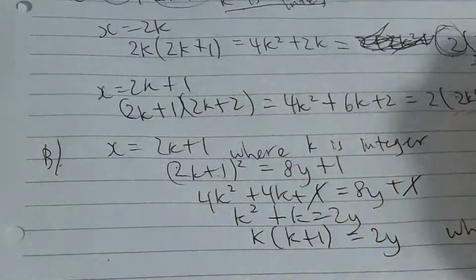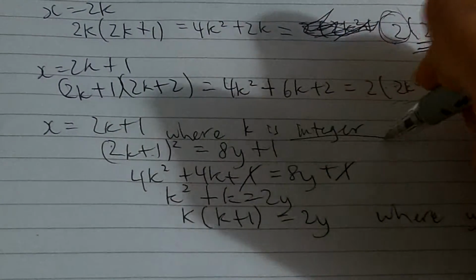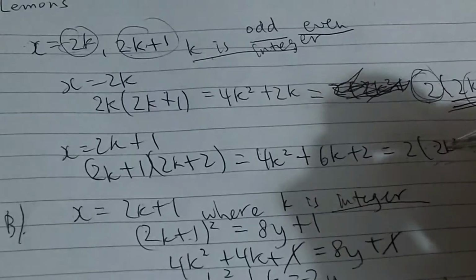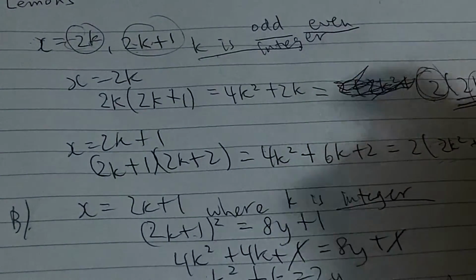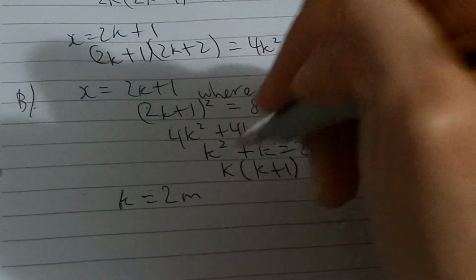And now we can say k is an integer, right? Any integer. So k can be, it's basically part a, but repeating. Let's say k is 2m. This is the first situation.